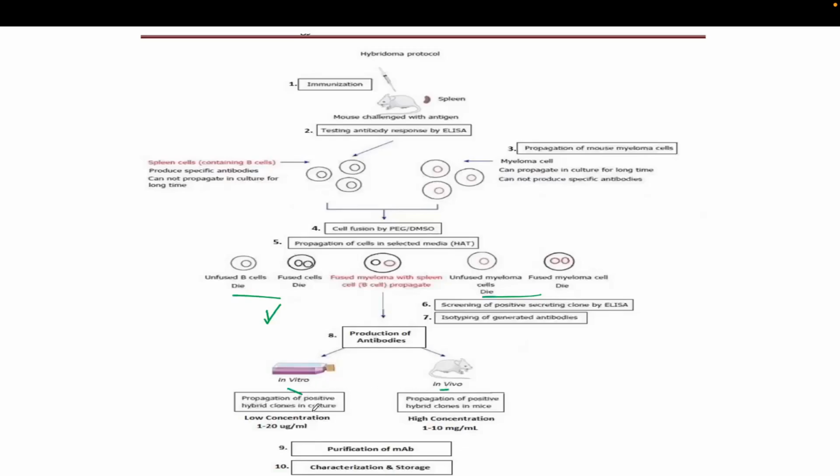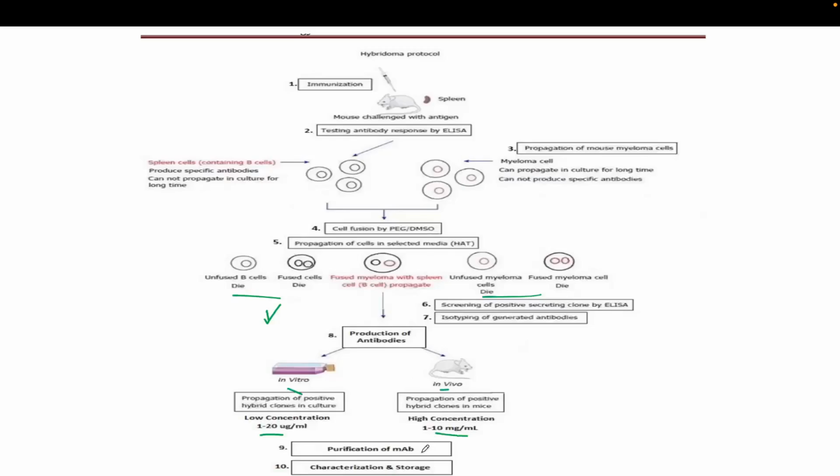Okay, so in vitro propagation will give you a low concentration, that is 1 to 20 microgram per ml. Here in vivo it can give you a high concentration, that is 1 to 10 mg per ml. Okay, then here you have to do the purification of monoclonal antibody. In case you are doing it from the in vivo, then you have to do the purification of monoclonal antibody, because in this mice, also in the body, there are polyclonal antibodies.